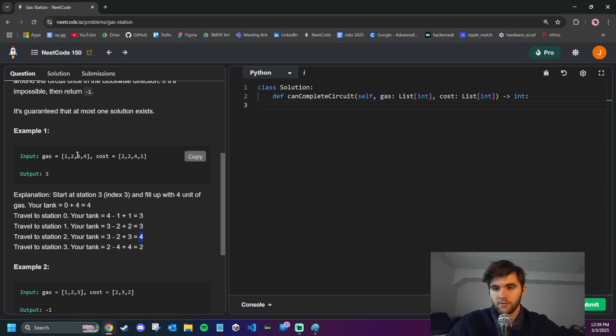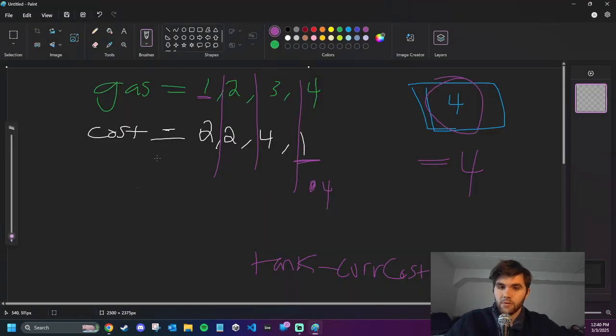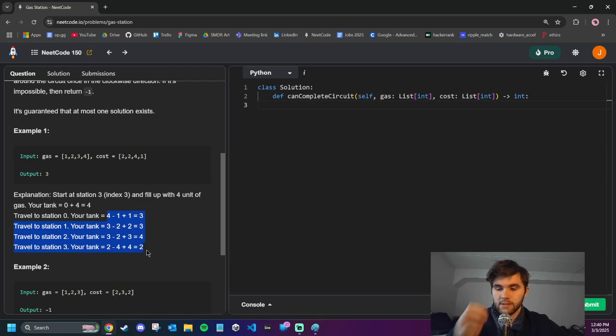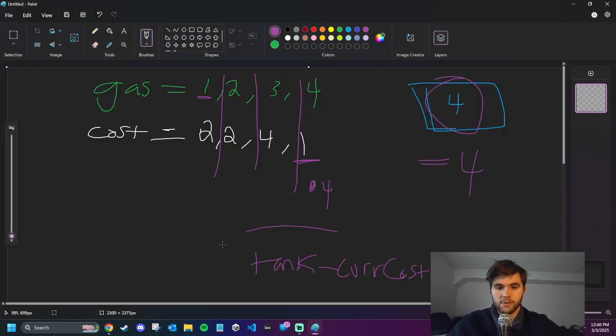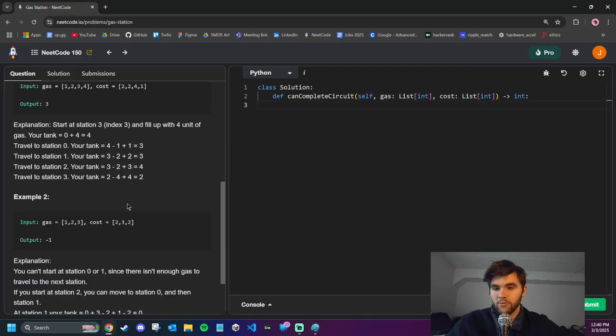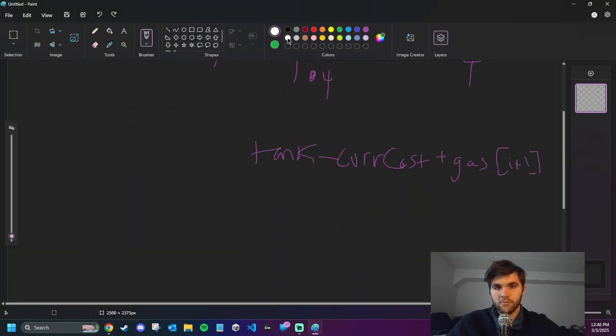So it costs 4 to go here, and then we refill 4. Yeah, plus 1, plus 2, plus 3, plus 4. So I see the pattern.